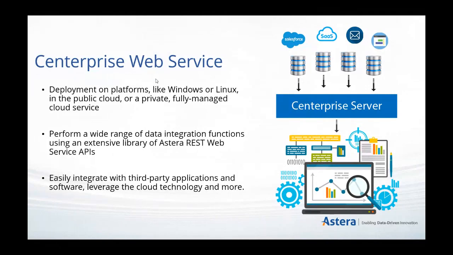It means that you can deploy this on Windows, Linux, in the public cloud, private cloud, any machine that you can reach via HTTP or, more likely, HTTPS, and then you can access the Centerprise server. It doesn't have to be on the same network anymore. So you can access a wide variety of functions from the Centerprise server using these APIs.